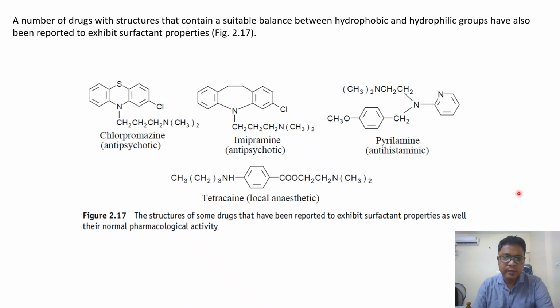These are some other examples of how introducing a long chain works. This is the polar head group, and this is the non-polar tail group. This is how we can develop a surfactant which will be easily soluble in water as well as in lipid, showing better activity as a drug molecule.